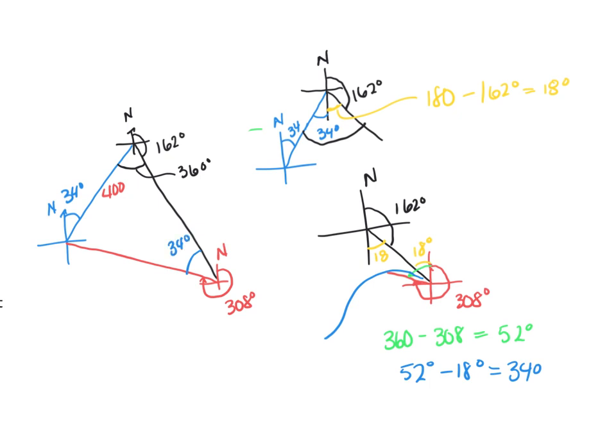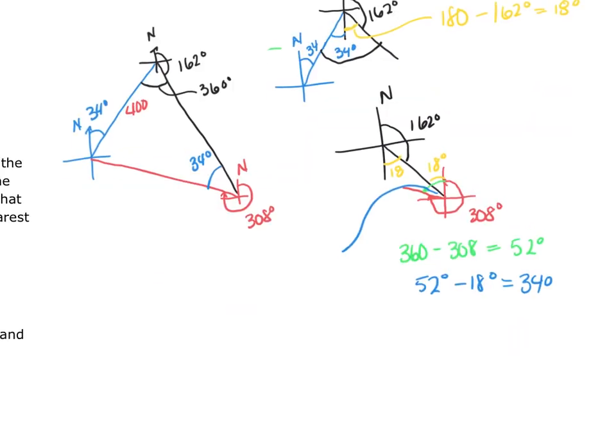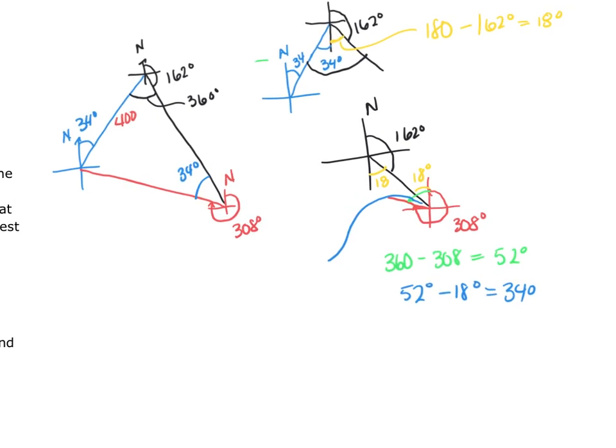So now, bringing this all together, let me redraw the triangle to make my life a little easier to look at. So here is my triangle. We know this is 52 degrees, and that came from the fact that I added my 34 and that 18.